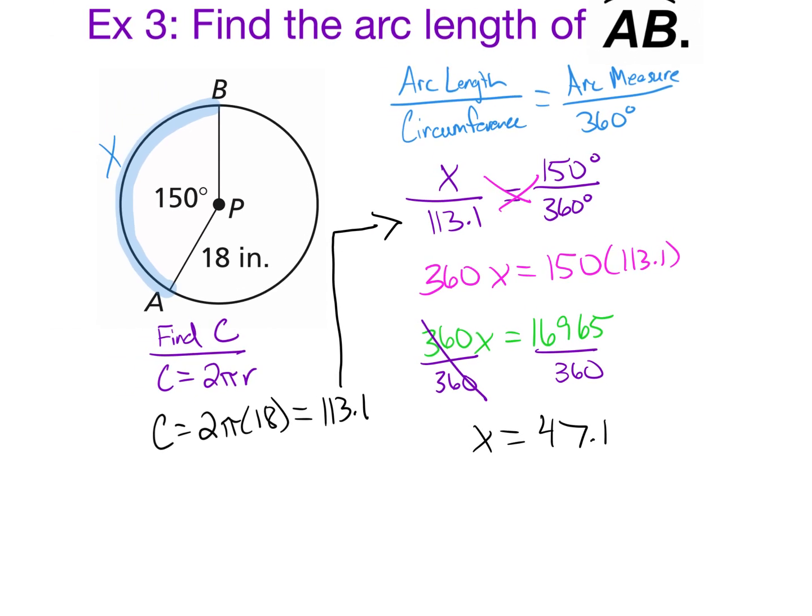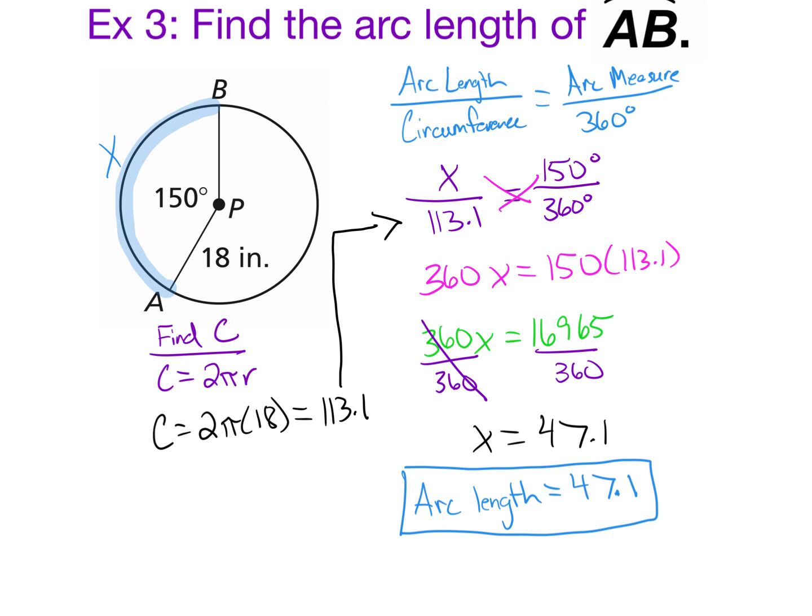Like, what did we plug X in for? The arc length, right? So what I'm going to say here is arc length is equal to that 47.1, right? And what did they tell me to find in the instructions? The arc length. So we found it, right? Okay. So we're good. That's it on that one.